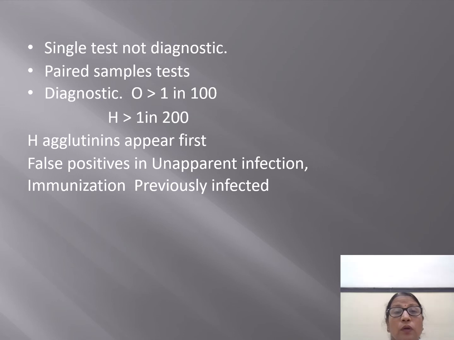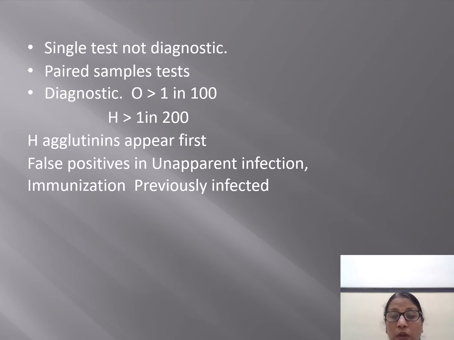So false positives may occur in unapparent infection, immunization, or previously infected persons. We should know how to interpret whether the patient has an active infection, a past infection, is an immunized one, has an anamnestic reaction, or an unapparent infection.